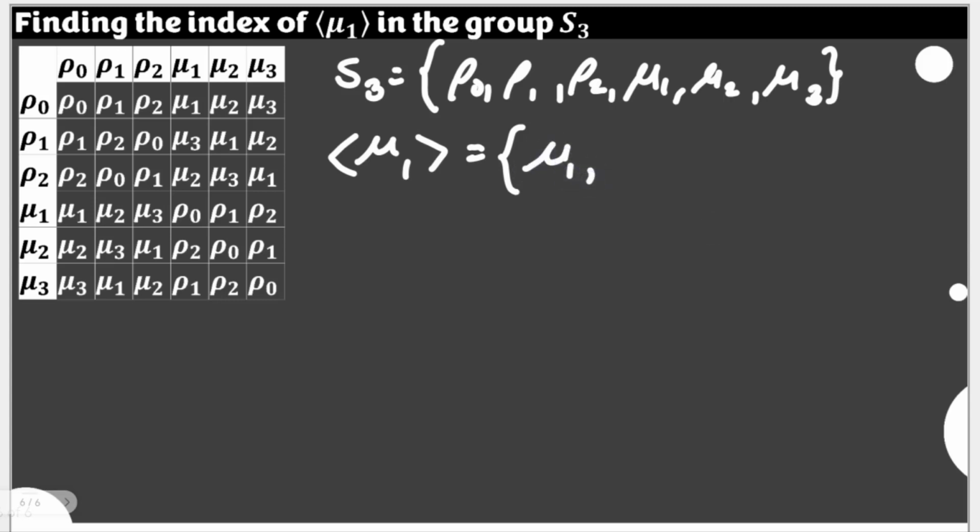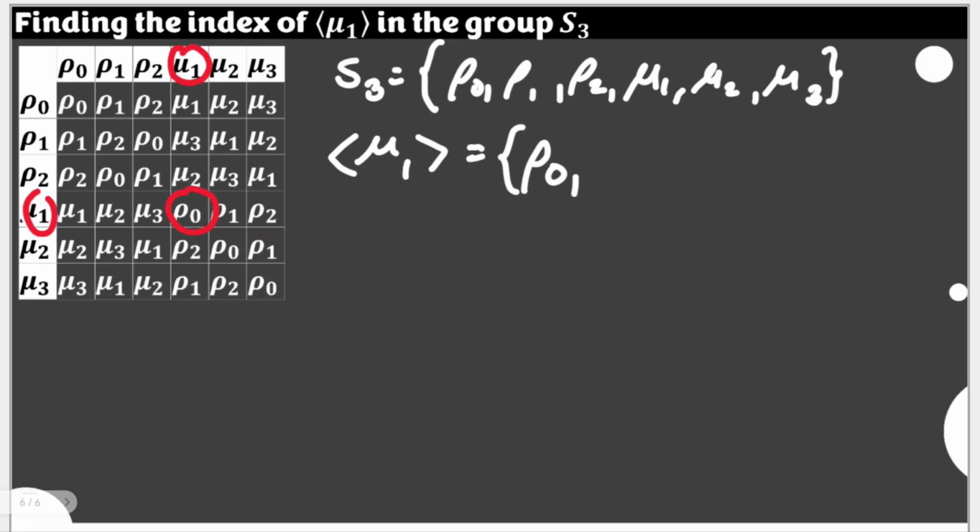If we have mu sub 1 operated to mu sub 1, our Cayley table will give us, at the intersection of mu sub 1 and mu sub 1, rho sub 0. That is the first element of our subgroup generated by mu sub 1.